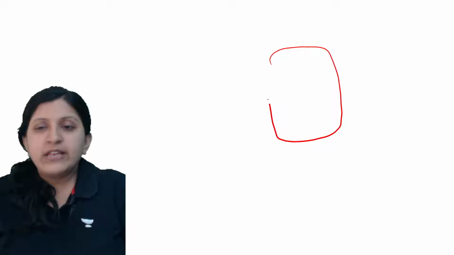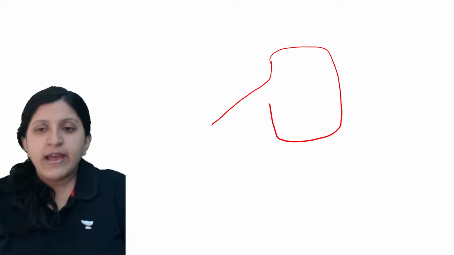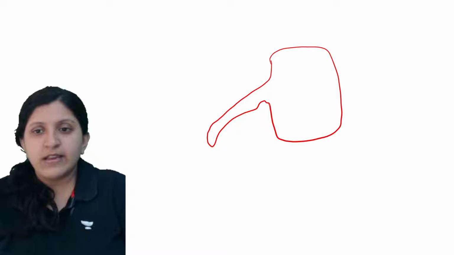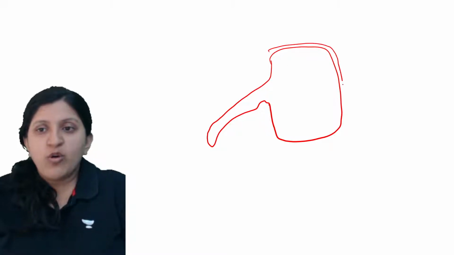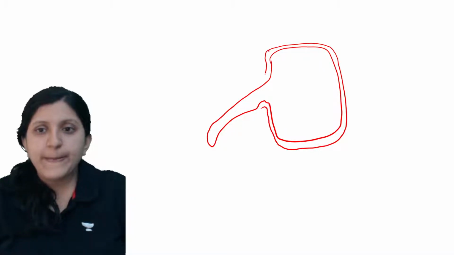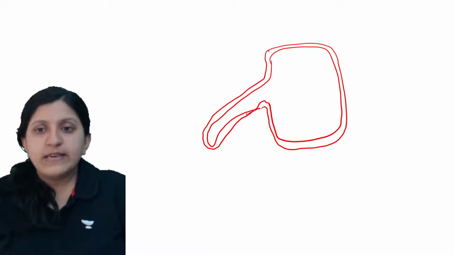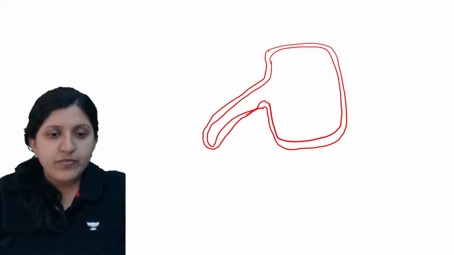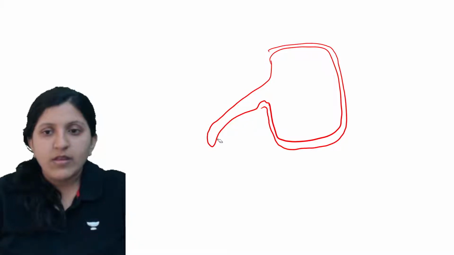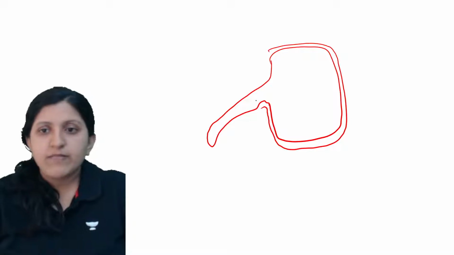This one is the epidermal cell, and this is the root hair that is extended now. And this one is the cell membrane. Let's draw the cell wall also over here. I'll just draw it for one cell. This is basically the cell wall.